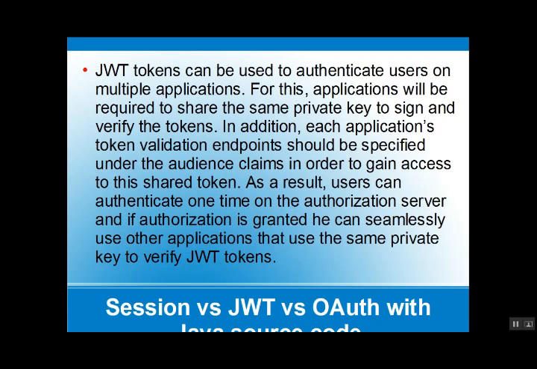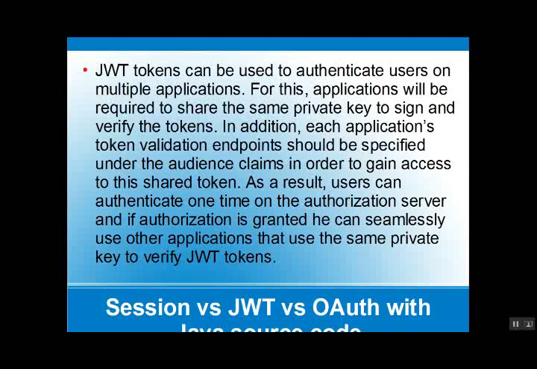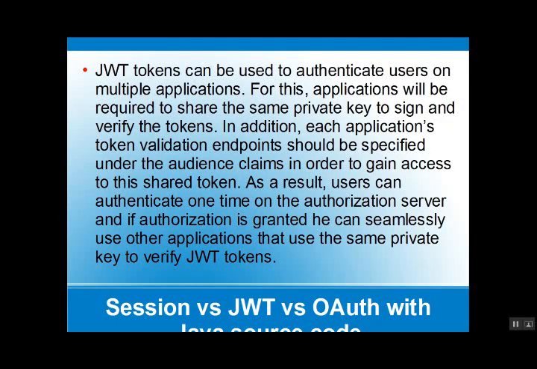JWT tokens can be used to authenticate the user onto multiple applications. For this, the applications are required to share the same private key to sign and verify the token. In addition, each application's token validation endpoint should be specified under the audience claims in order to gain access to the shared token. As a result, the user can authenticate one time on the authorization server, and if the authorization is granted, they can seamlessly use other applications that use the same private key to verify the JSON web token.